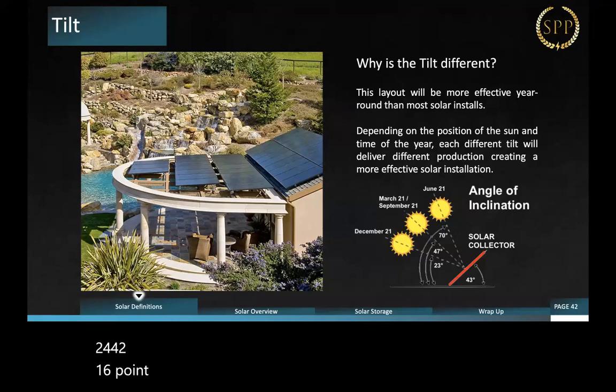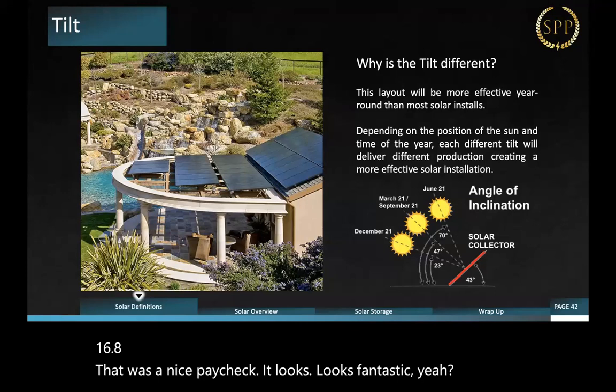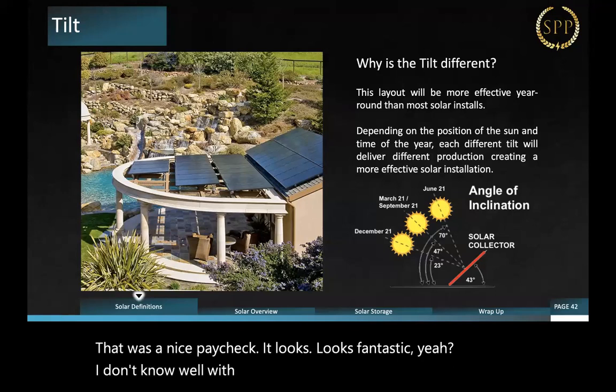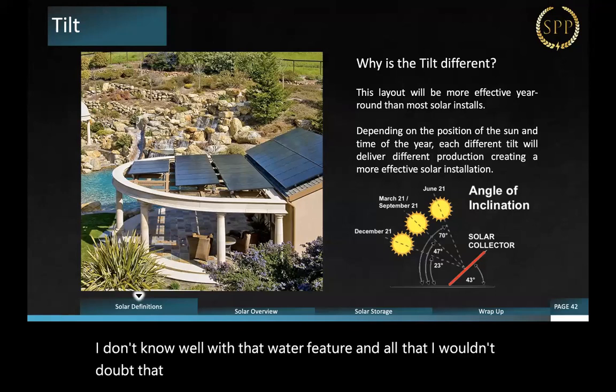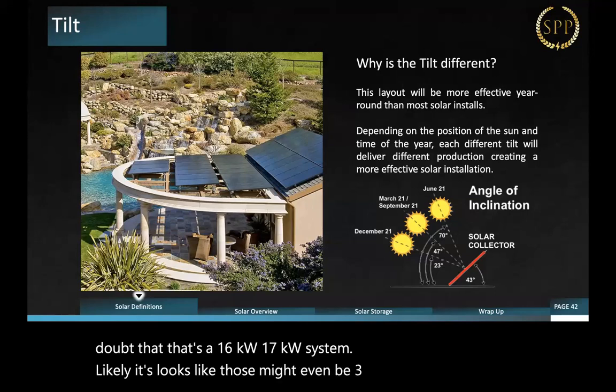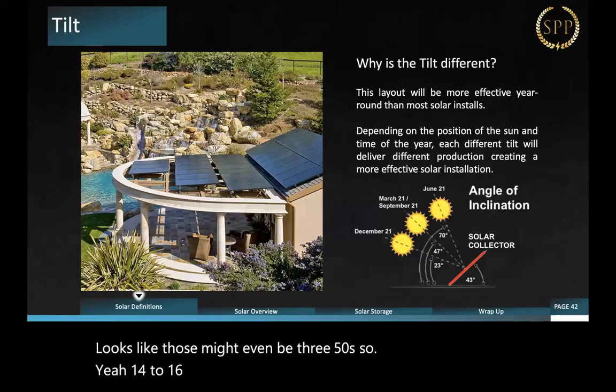That's beautiful. That was a nice paycheck too. It looks fantastic. Well, with that water feature and all that, I wouldn't doubt that that's a 16 kilowatt, 17 kilowatt system. Likely it looks like those might even be 350s. So, yeah, 14 to 16 kilowatt system.